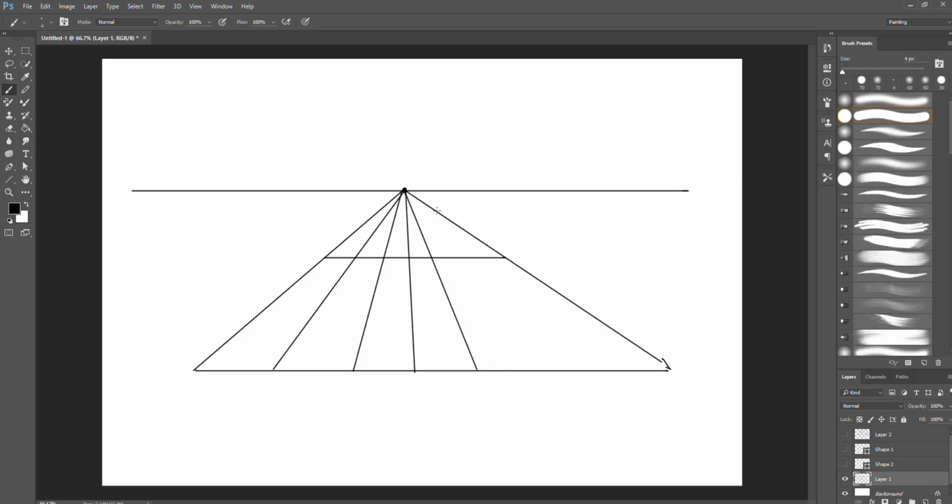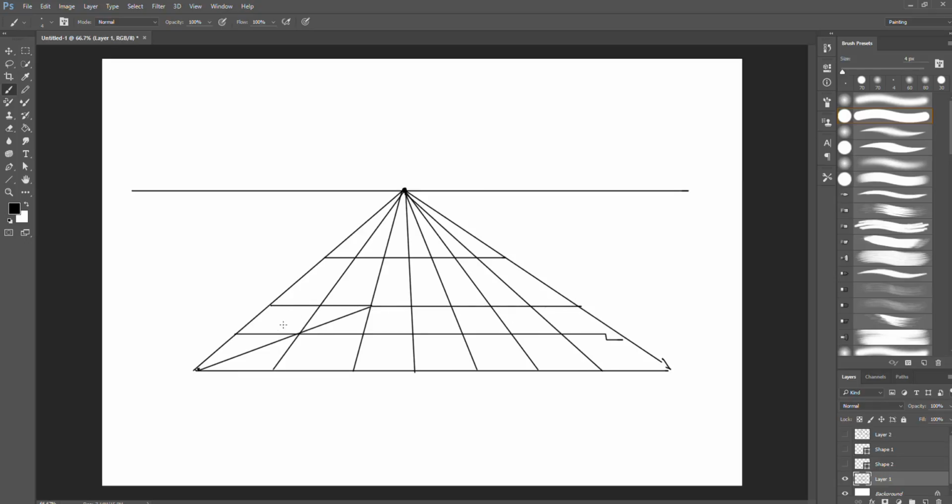Maybe it's on a checkered tablecloth or something. Maybe I'm just gridding this out to kind of help myself. And I'm using that from the top of one through the center of another to find where my back checker should be, and that's good enough for me.